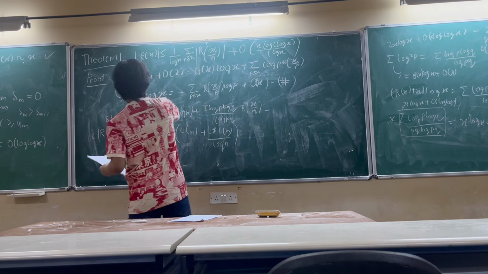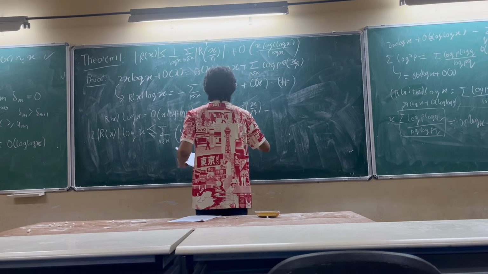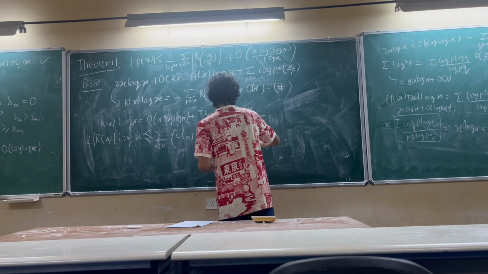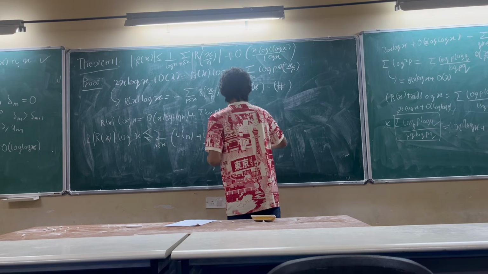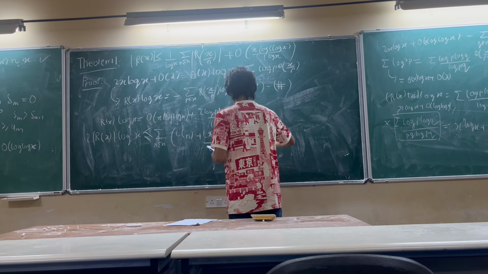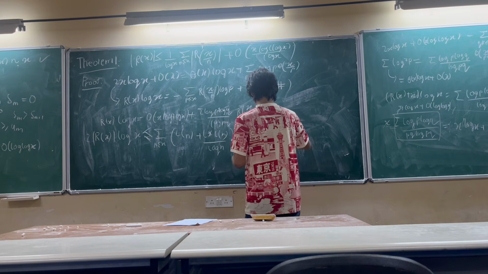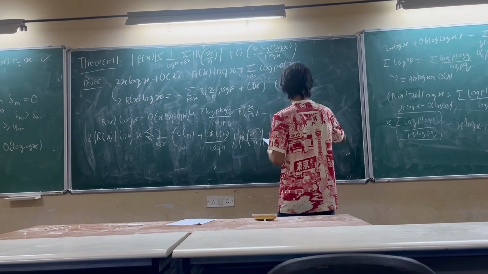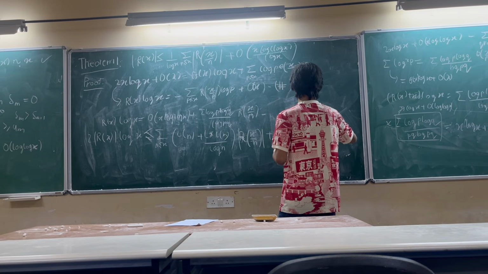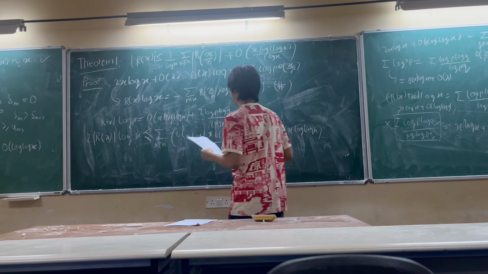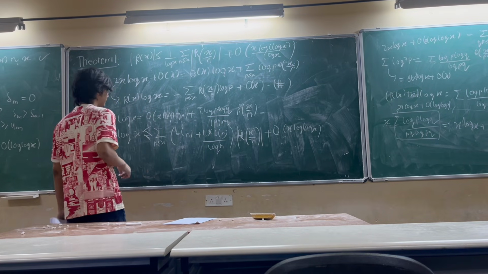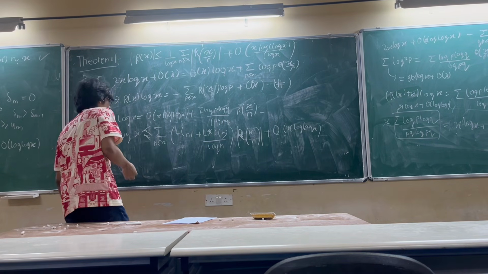This is just applying the triangle inequality on the summation. Yes, this is multiplied by mod of R of x by n, order of x log x.